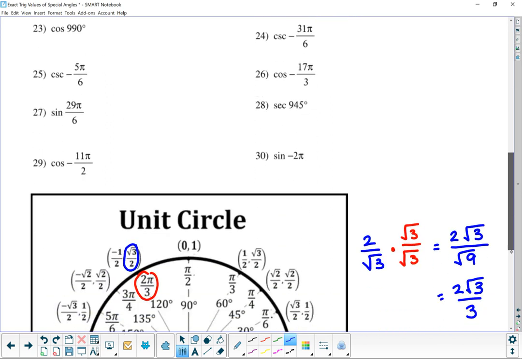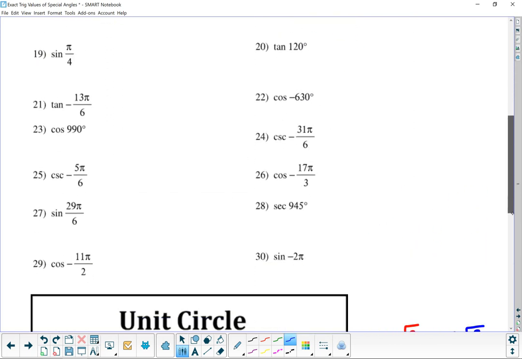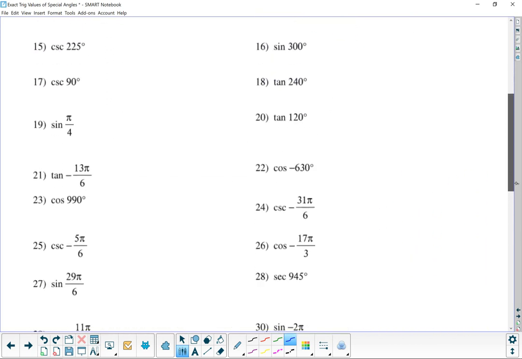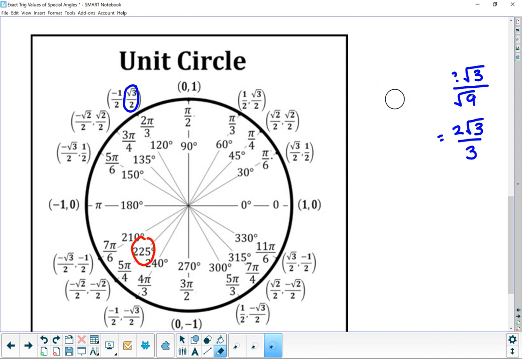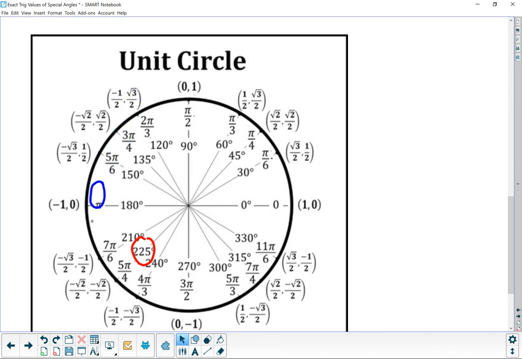Okay, number 15. Back to degrees, 225 degrees, and I want the cosecant of that. So 225 degrees right there, and the cosecant is going to be based off of the sine if you're looking at your notes that we got today.